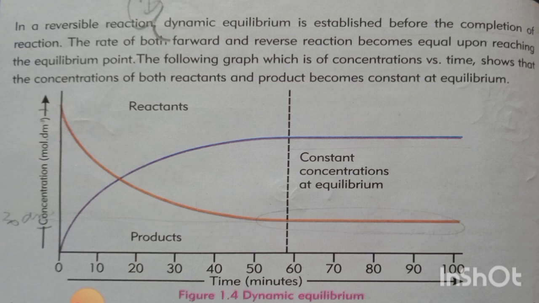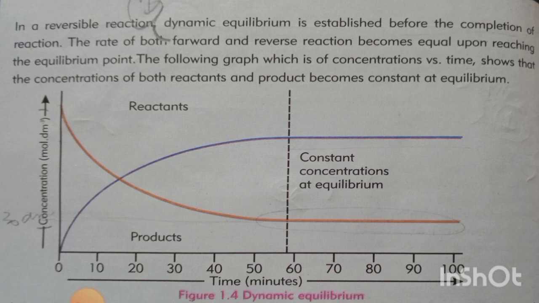Now their concentration is not changing with time, so this type of condition is known as constant concentrations at equilibrium. In a reversible reaction, dynamic equilibrium is established before the completion of the reaction. When the reaction is not completed but the concentrations are constant, they will never form more product or more reactants.